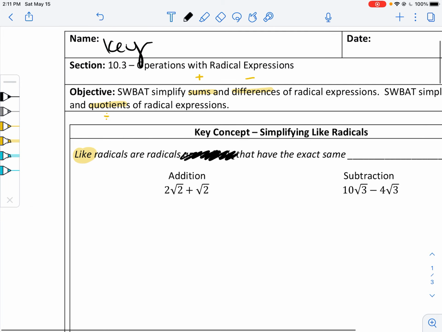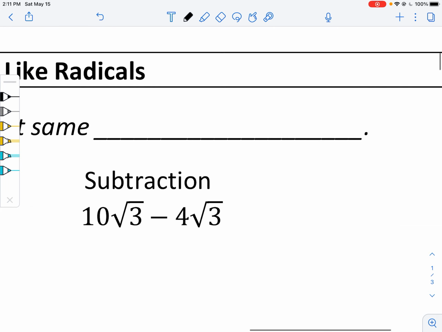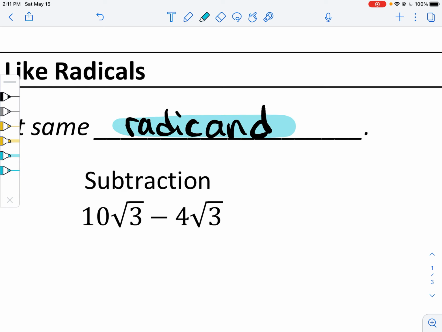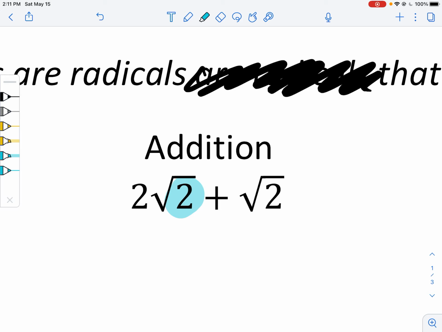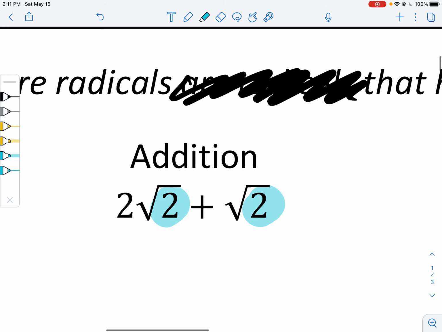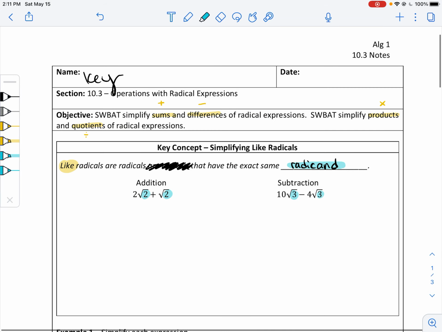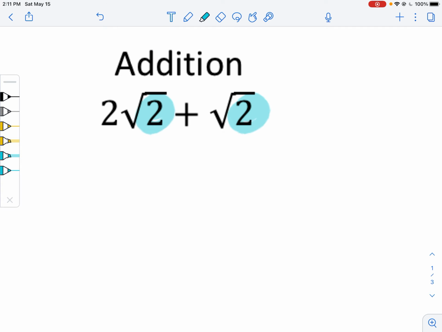Brilliant, right? They have the same radicand. Remember, the radicand is the quantity underneath the radical. So here the radicand is 3. These are like radicals. Here the radicand is 2. These are like radicals. And the good news is you can treat it just like a normal algebra problem.